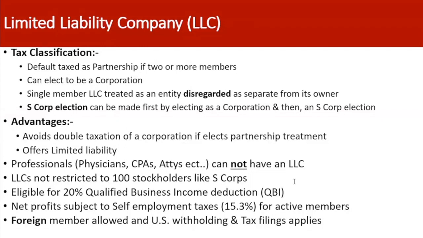And if an LLC has foreign members, which is allowed, the same withholding and tax filing requirements apply as for a partnership. So if the owner of the LLC is sitting in a foreign country, there is a withholding here in the US.